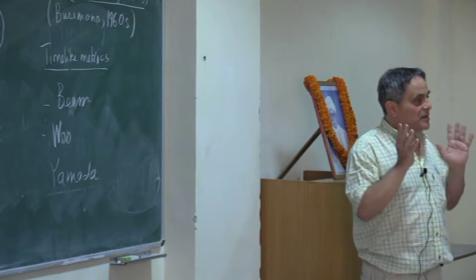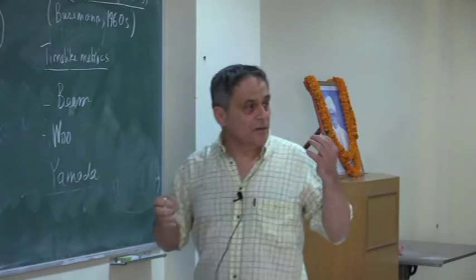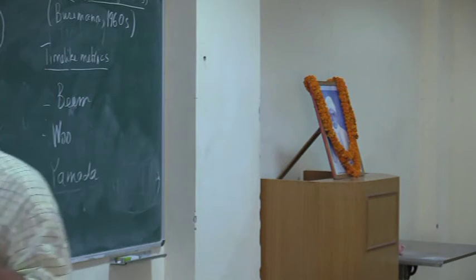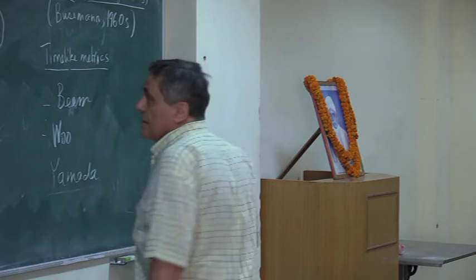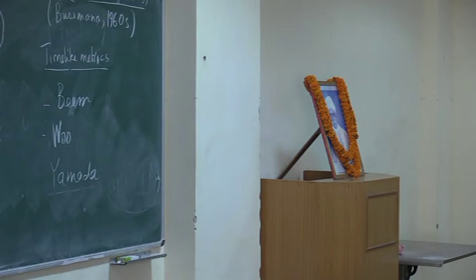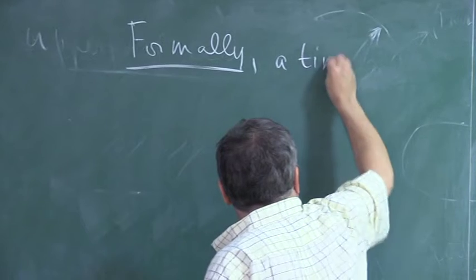There's a physical restriction because of the speed of light. Things cannot travel with a velocity less than the speed of light, and so on. I mean, this is formally a time-like metric.